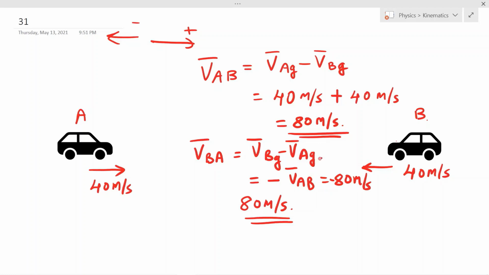So this indicates that car B will appear to approach towards car A in this direction, that is the left direction. So hence it is minus. And for car B, car A will appear to approach in this direction, and that's why it is positive.